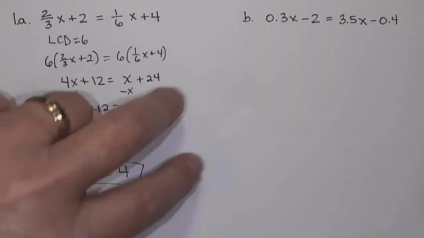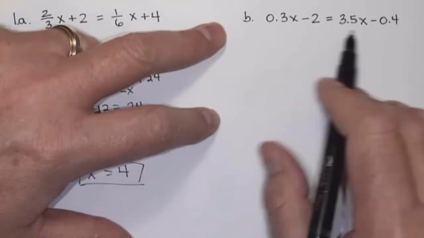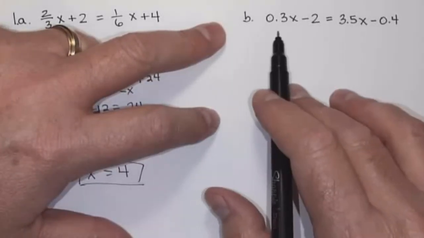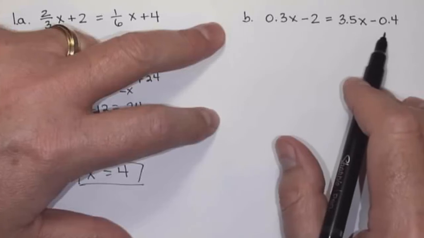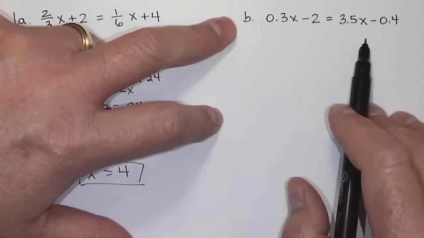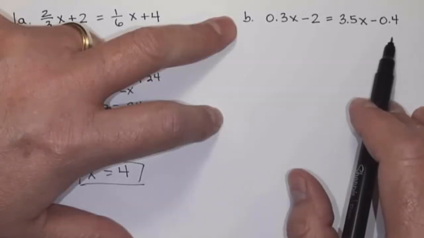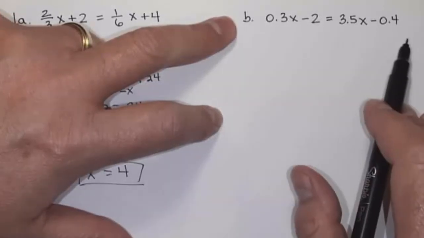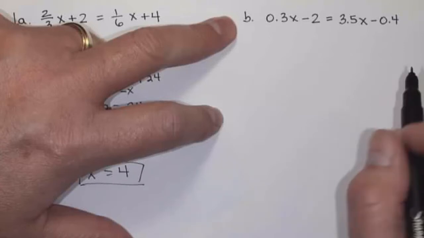In part B, we could multiply both sides of the equation by 10 to remove the decimal points, but it doesn't really make solving the equation any simpler, so I'm just going to work with the decimal points.